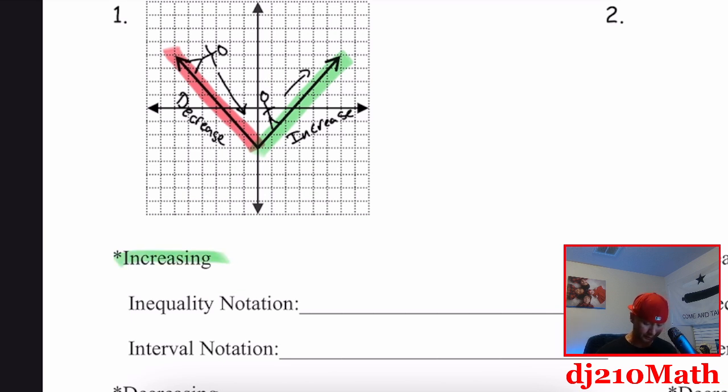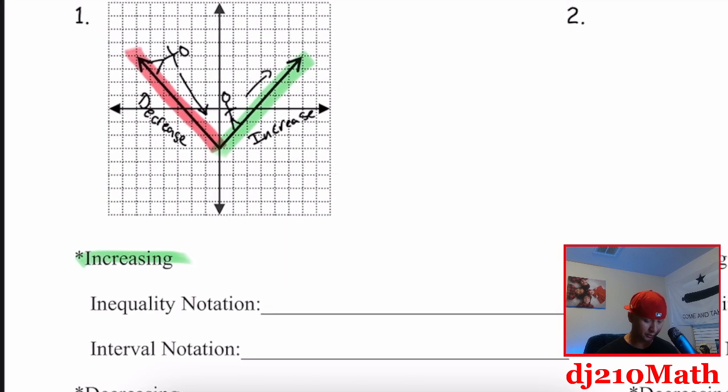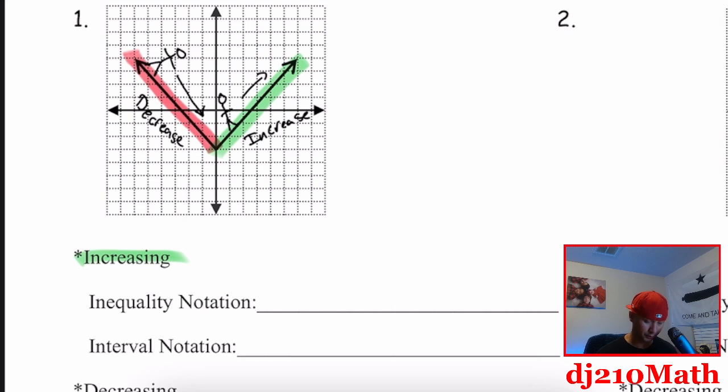So increasing, I always start with interval notation. You can start with whatever you want, but I find it better, the way my mind processes this, to look at the interval notation first. And we always use parentheses. So in terms of x, this is going from 0 to infinity for increasing, because the x value is 0 right here, and then the arrow implies it's going towards infinity.